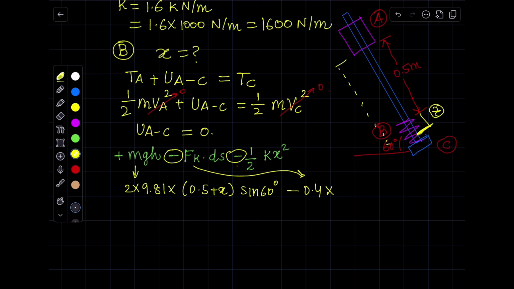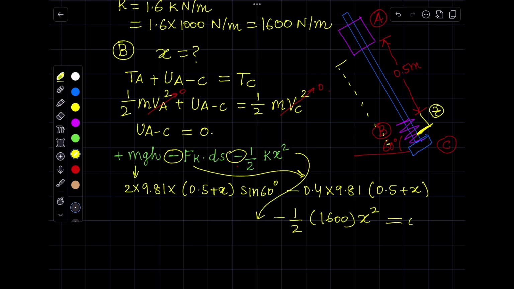Okay, so you have to take a vertical component of 0.5 plus x, that is sine 60. And also in friction work, there will be an increment of plus x. So you can write 0.5 plus x. Okay, and then you will simply write 1 by 2 kx squared. Mind it here that you have to write the spring factor in just Newton per meter.